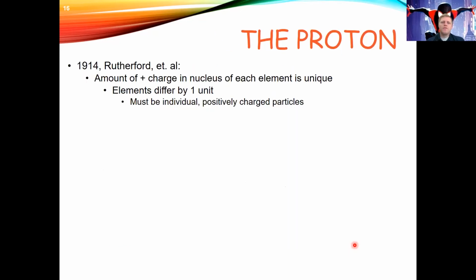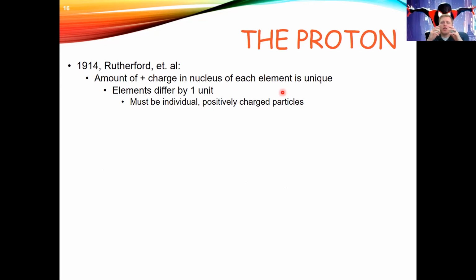All right, by 1914, Rutherford and a few other scientists were able to determine that the amount of positive charge in the nucleus of each element was unique. So carbon has a different amount of positive charge in its nucleus than nitrogen and chlorine, etc. And he was also able to determine that the amount of positive charge in the different elements varied by 1.